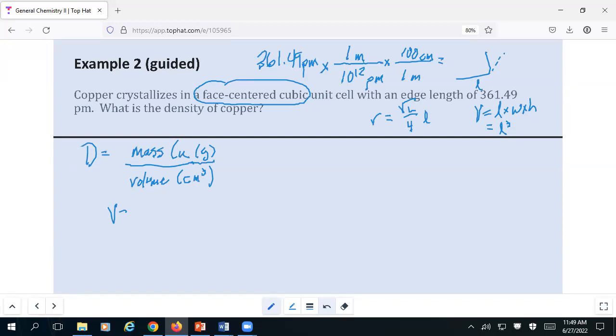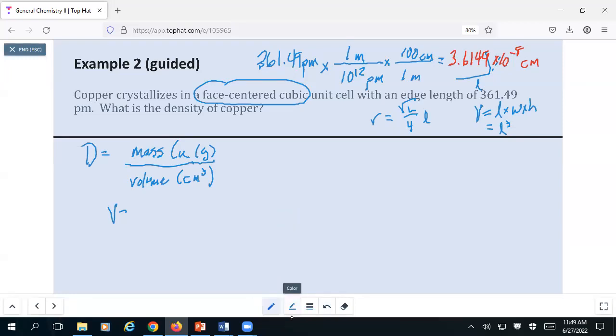So 361.49 times 100 divided by 10 to the 12th, we get 3.6149 times 10 to the negative 8th centimeters.